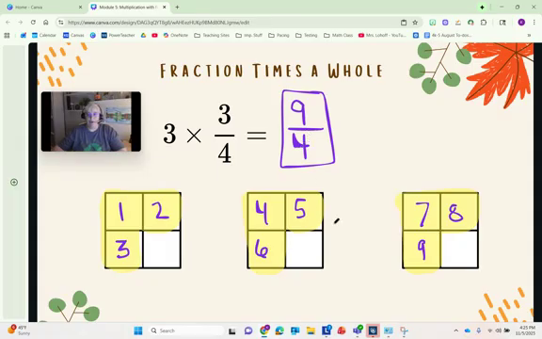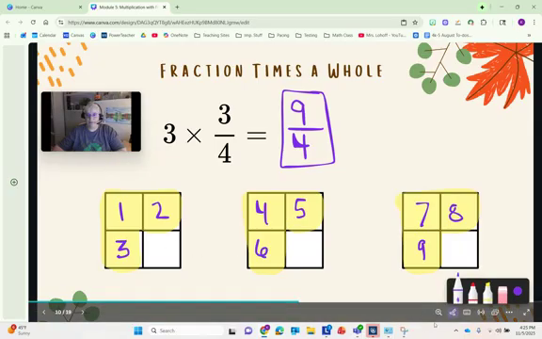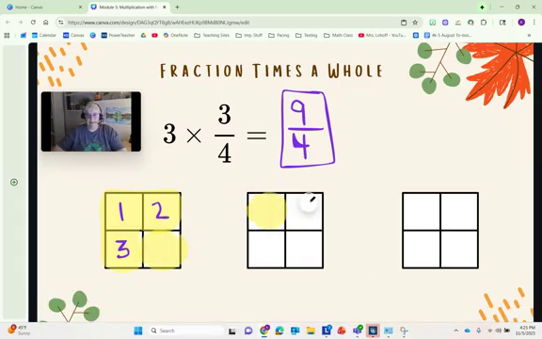So if we were to shimmy these boxes around, I could move them around to look more like this. This would be number 4, 5, 6, 7, 8, and 9. So I'm still showing 9/4.